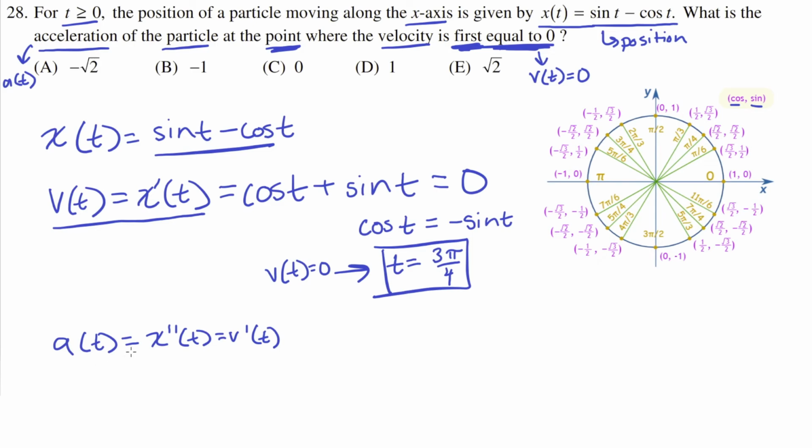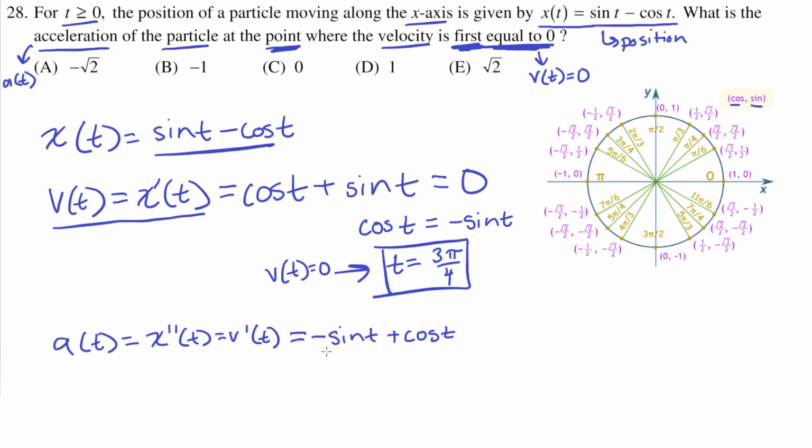And we know that the acceleration is equal to the derivative of the velocity, or the second derivative of the position. So let's take this velocity function and take its derivative. The derivative of cosine t is negative sine t, and the derivative of sine t is cosine t.